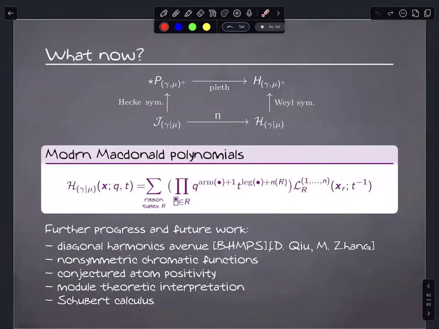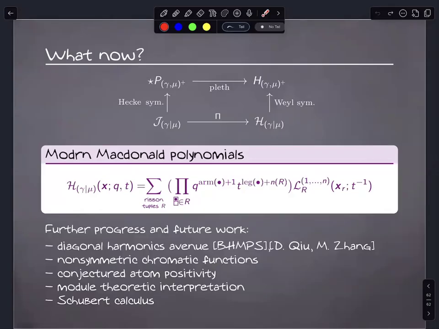But anyway, the main thing for me is that, of course, I have been obsessed and have a one-track mind about Macdonalds and especially K-Schurs, but I'm trying to say, I don't know if successfully, that I really love the ties that have come out of it with Schubert calculus.